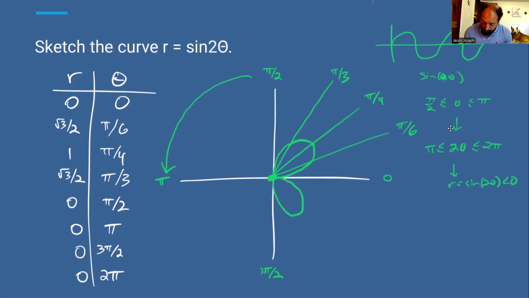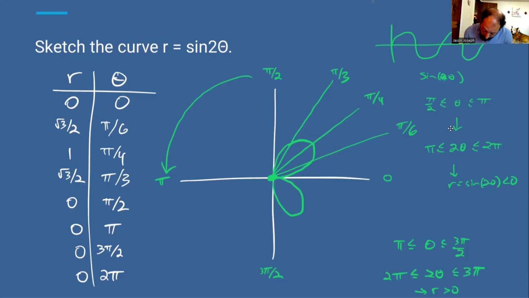Okay, sweet. So now that completes a second loop, and we can see as theta goes from pi to 3 pi over 2, then 2 theta ranges from 2 pi to 3 pi, and that means my radius is going to be positive in that range of thetas. So that means the graph really will show up in quadrant 3.